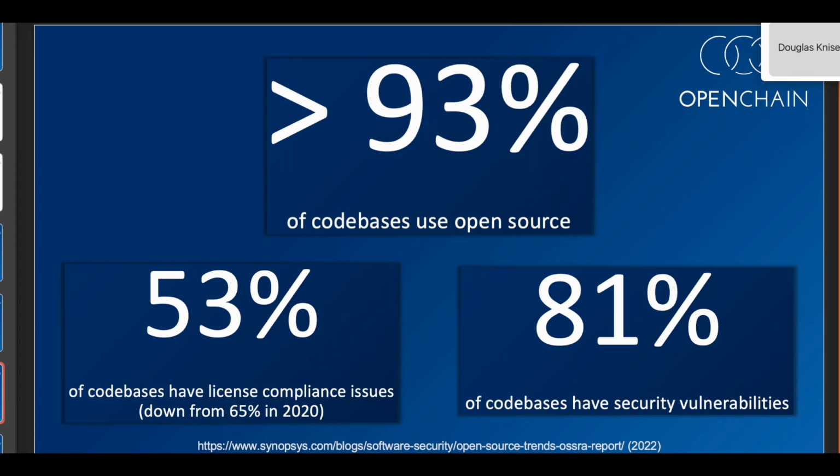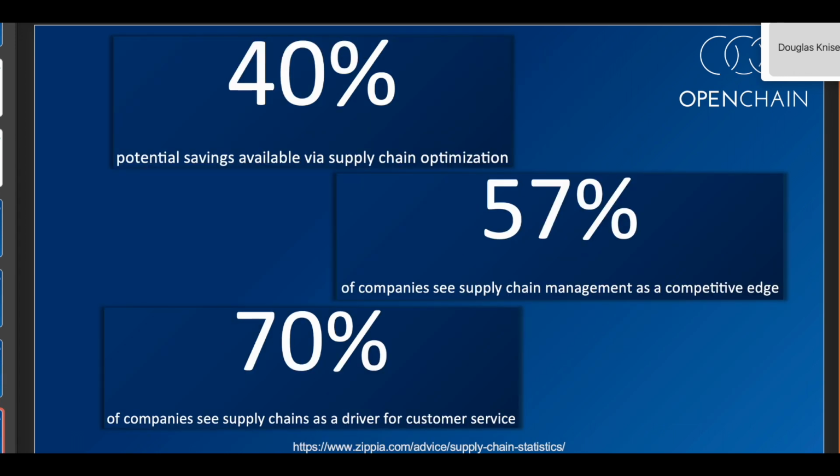So when it comes to managing the supply chain with something like open source, we have some good data points about the fact that companies know we should be doing better, and they have known for a while. We know that supply chain optimization offers up to 40% savings on management costs for that supply chain.